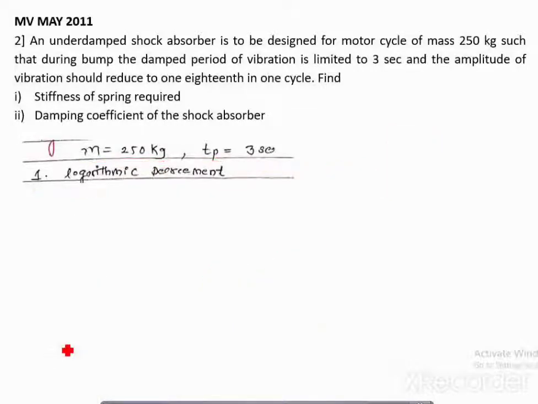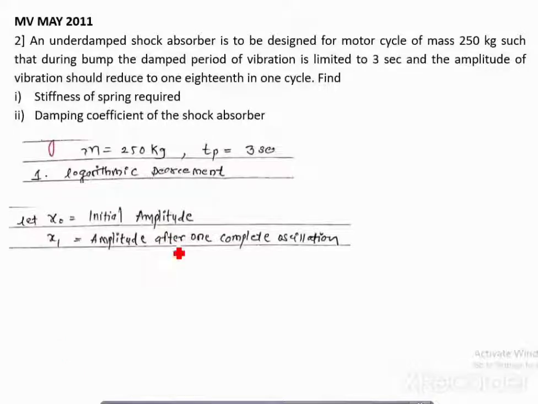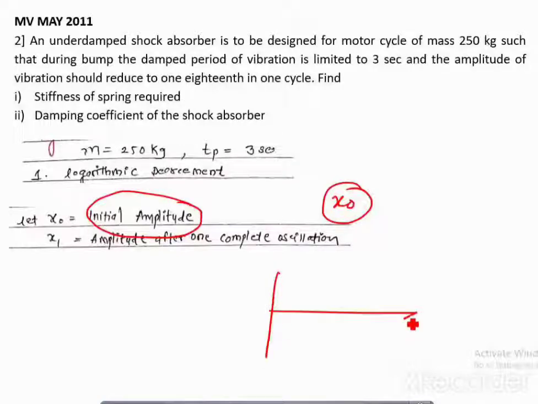Now first of all we will consider x0 as the initial amplitude. Initial amplitude means the amplitude at the start. Let me draw a diagram. Let us say this is the x output time response graph against t, and the graph starts like this.